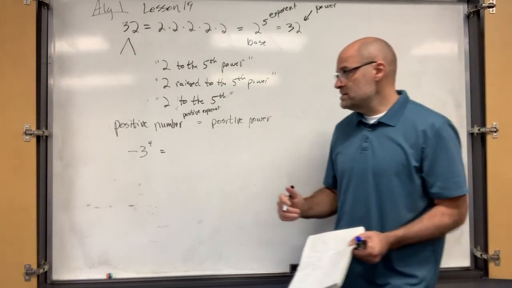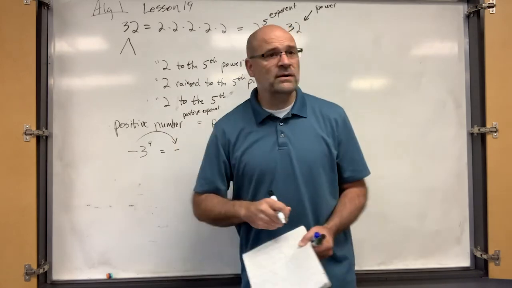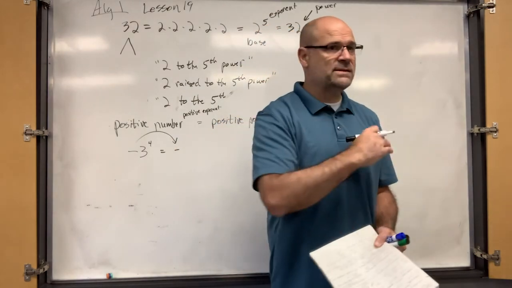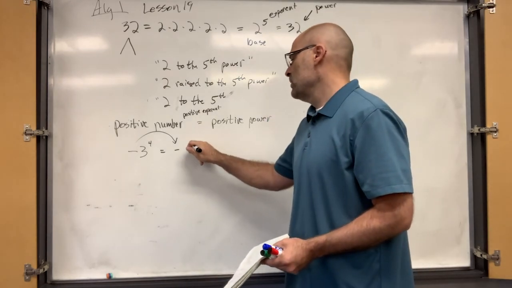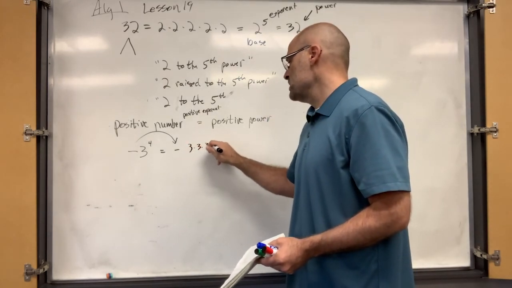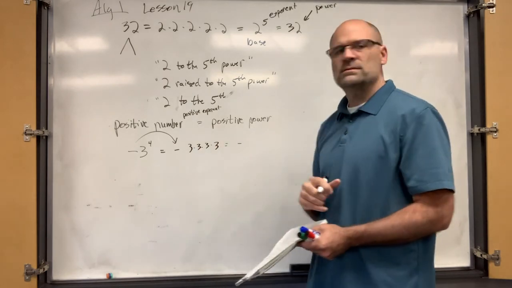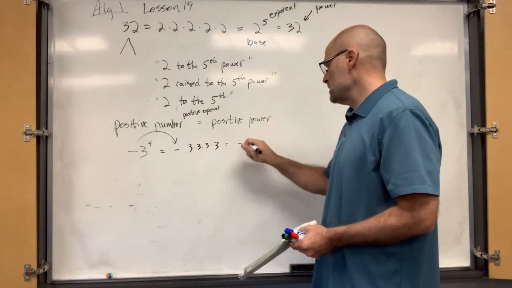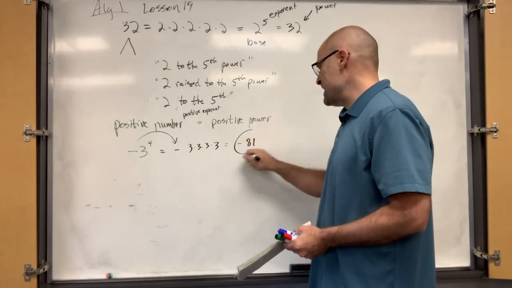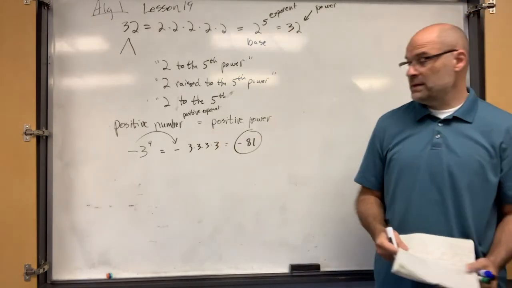So that means this negative is part of the next operation, okay? So that means this is negative 3 times 3 times 3 times 3, which is, you guys know what that is? 81, right. 9 times 9 is 81. So the answer is negative 81. Okay?